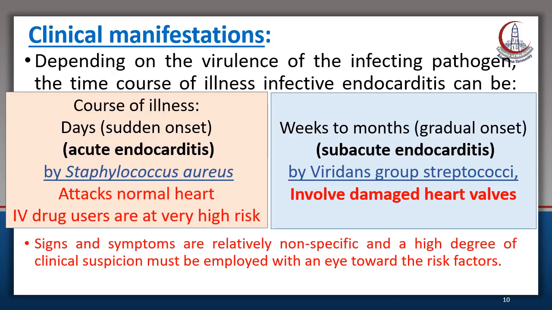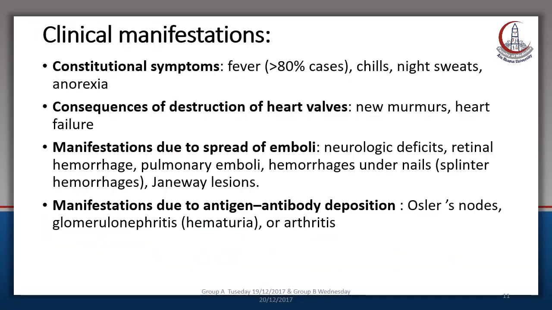Second, subacute bacterial endocarditis, or subacute endocarditis. It's caused by one of the viridans group of streptococci, which may be Streptococcus mutans, Streptococcus sanguis, or others that normally live in the mouth and throat. Also, Streptococcus bovis and equinus can cause subacute bacterial endocarditis, typically in patients who have some form of gastrointestinal cancer, usually colon cancer.